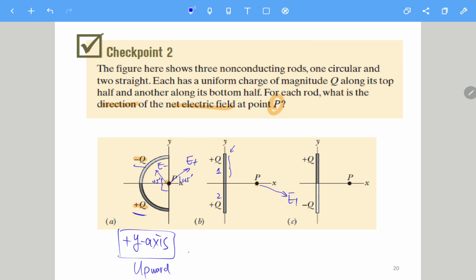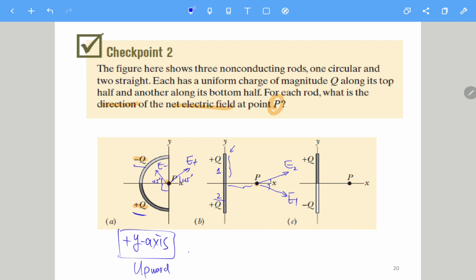We cannot know what the angle is here, because we don't know how long it is and how long the distance from here to there is. But for part 2, we can see E2 should point to the top right direction.